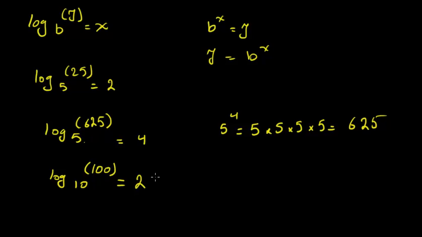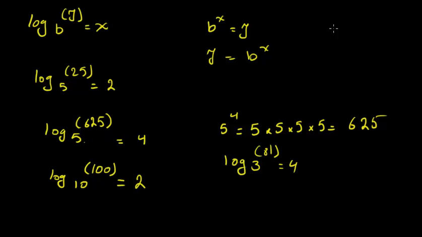And this is our x. So an exponent of 2 is needed to make 10 into 100. What if we are asked to calculate log base 3 of 81? Then we know that we need 4 of these 3's multiplied together to give us 81. So x equals 4.